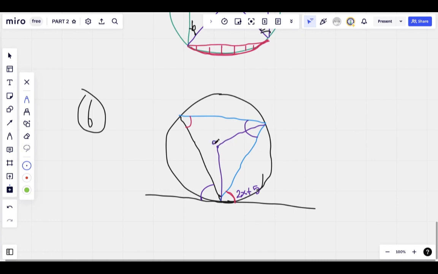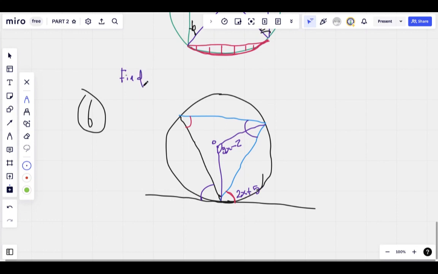I write O here, center O. This angle is 5x minus 2. Now they want you to find the value of x, and state any theory you use.